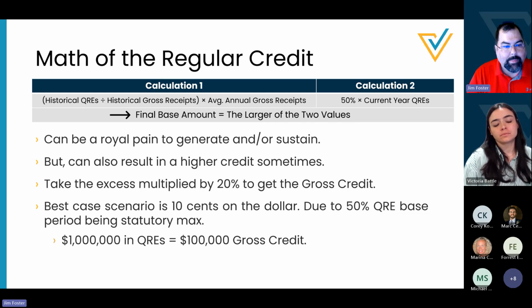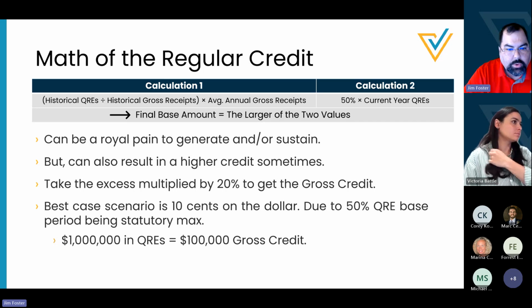It can be very problematic to put together. If you can put it together, though, it can result in a much higher credit at times. And what you do is you take the excess, multiply it by 20% to get a gross credit.